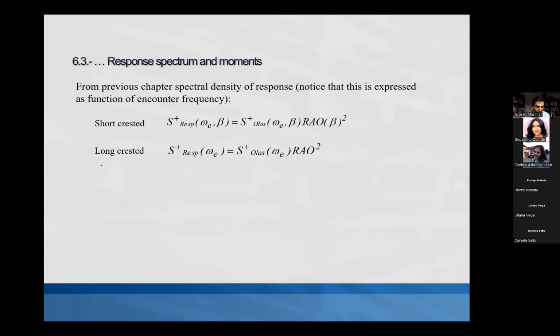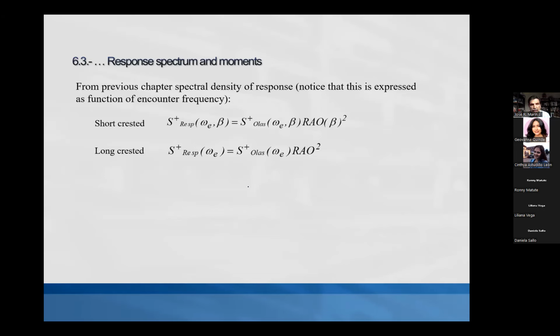It is possible that in some calculations you need to consider long-crested seas, but in general we tend to calculate considering short-crested seas. That means we expect a variation of the direction from where the waves are coming.